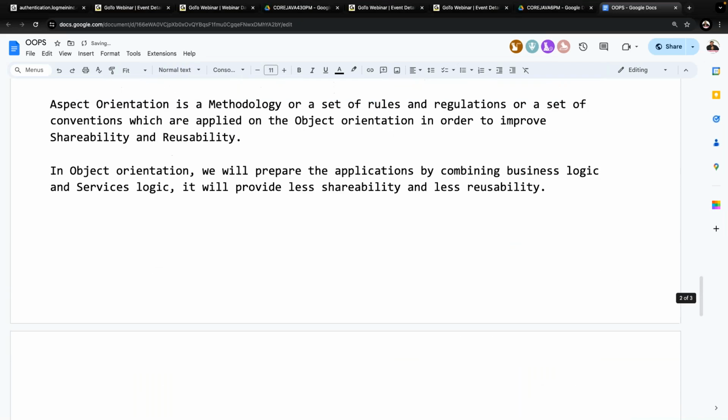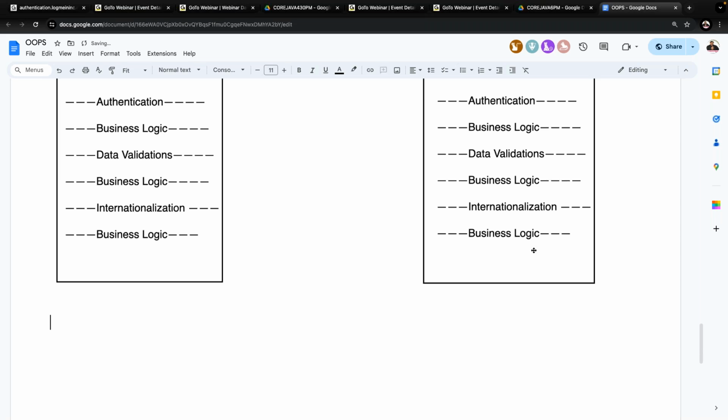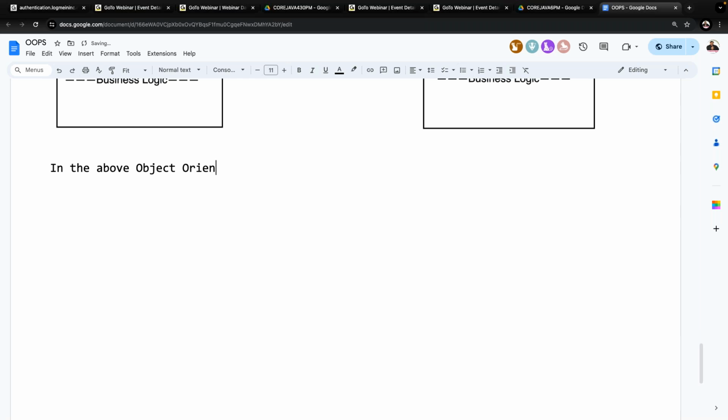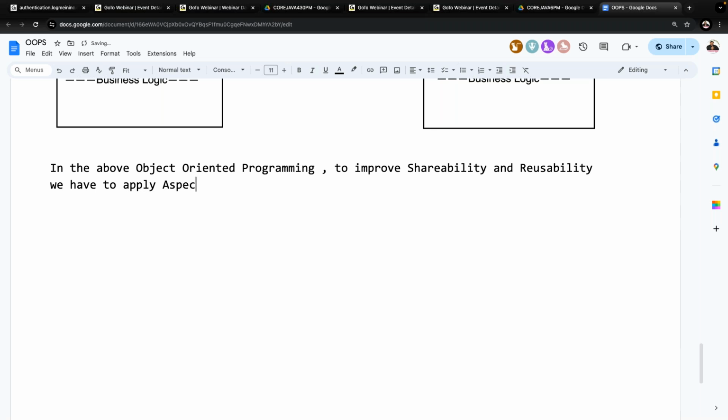Okay, right. Now observe carefully. In the above object oriented programming, to improve shareability and reusability, we have to apply aspect orientation over the object oriented programming.